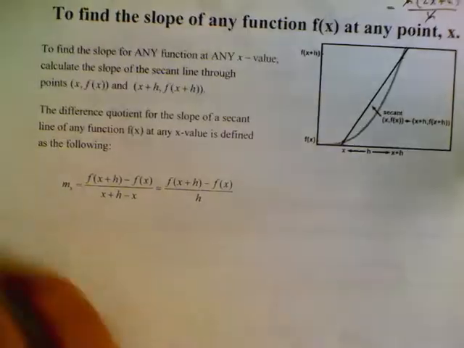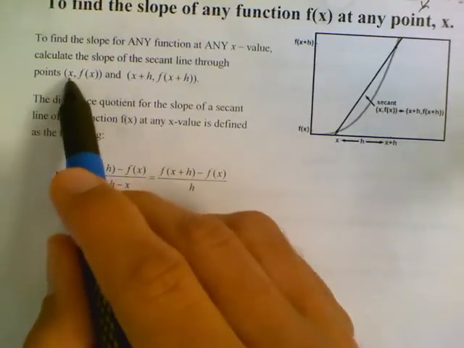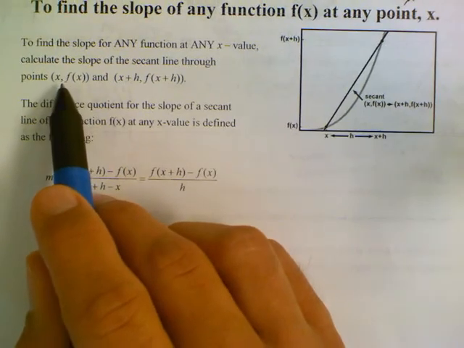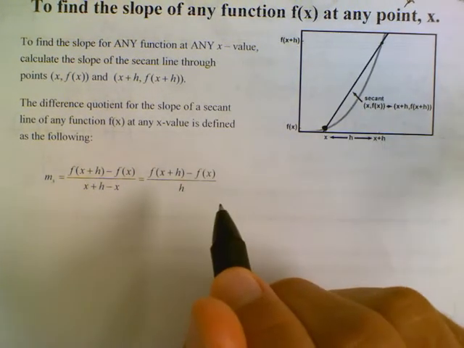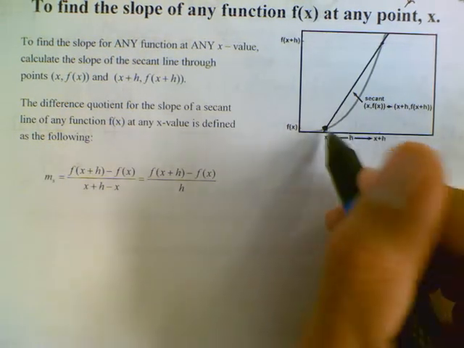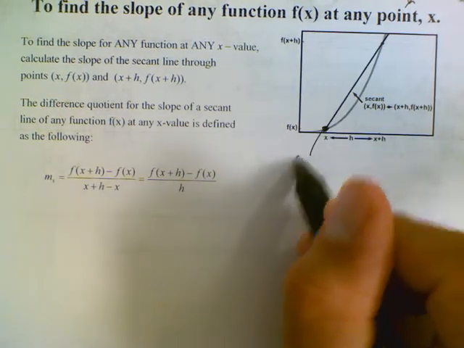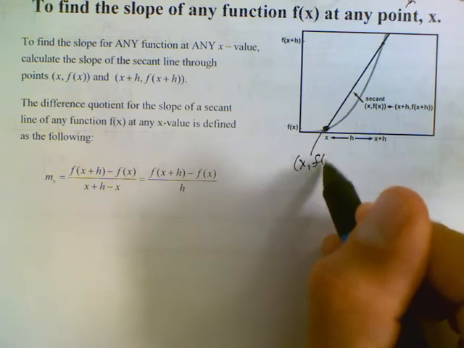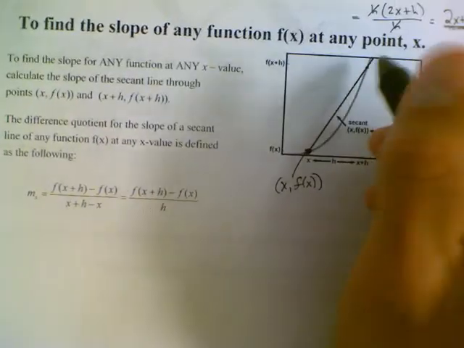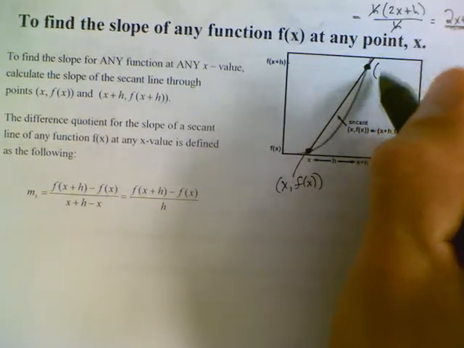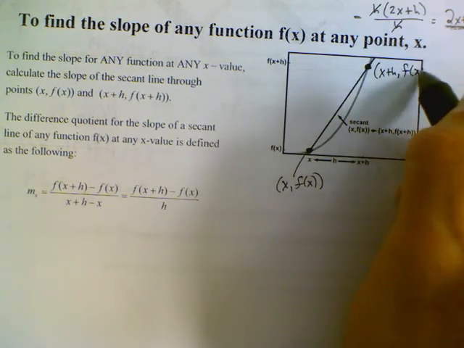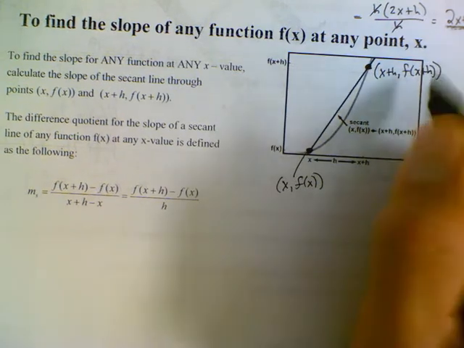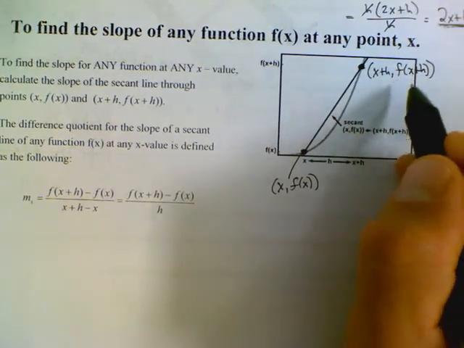If we picked a point on f of x, the result would be x comma f of x. And this one up here might be x plus h comma f of x plus h. So I'm basically plugging x plus h into the function.